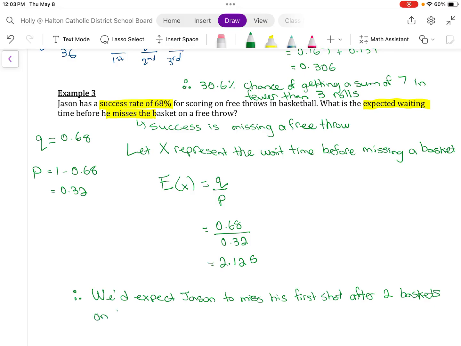So on his third. So by the time he goes for his third shot, he misses. Okay, based on his 68% scoring of free throws. So that is what geometric distribution looks like.